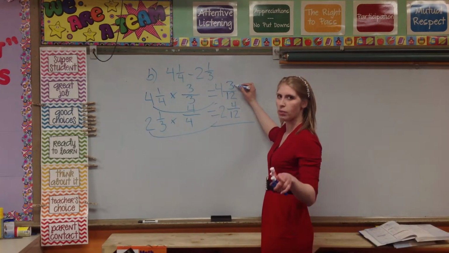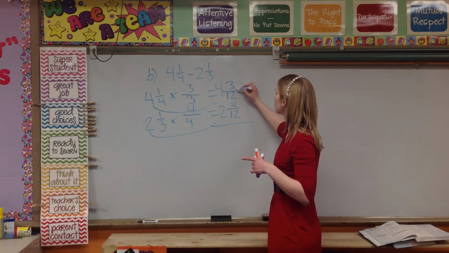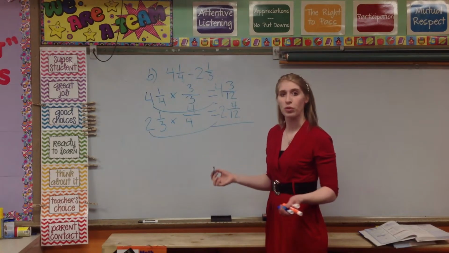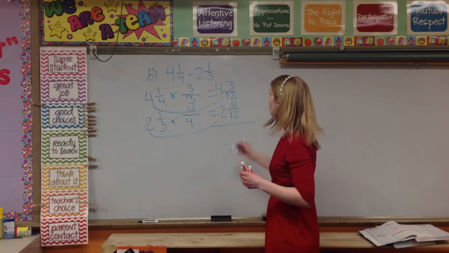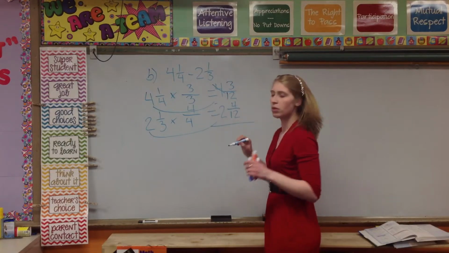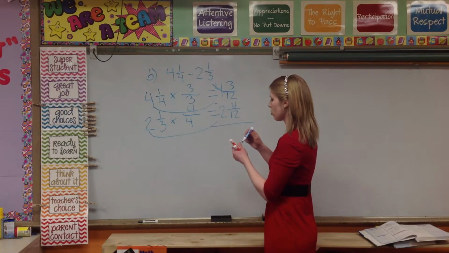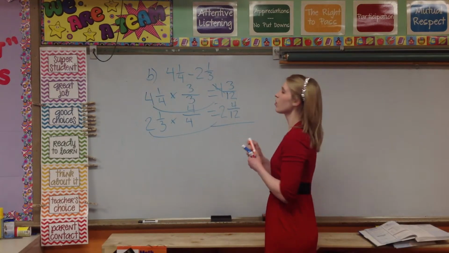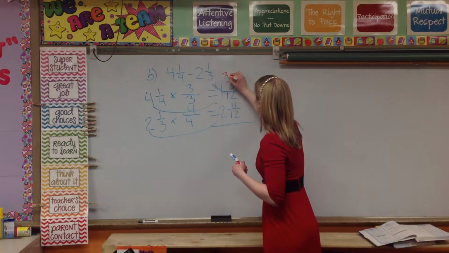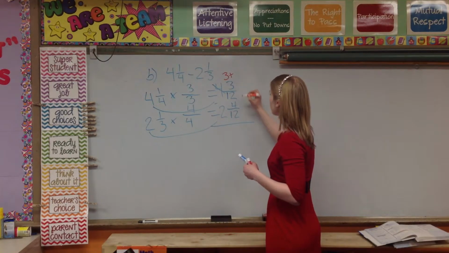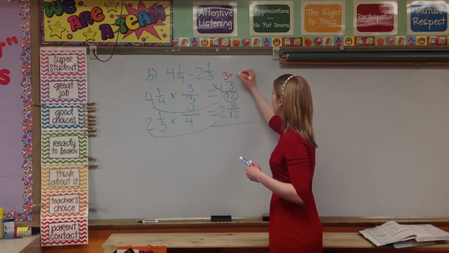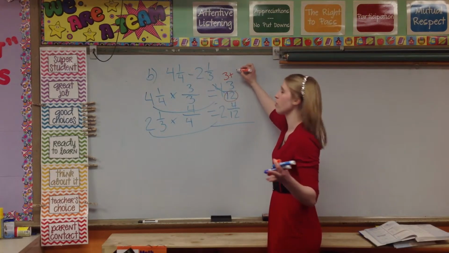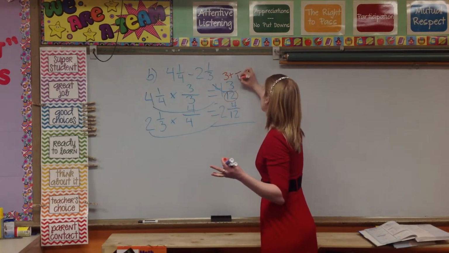But again, I have that problem like I did in the example where 3 minus 4 will end up with a negative number. So I can't do that. So I am going to change my 4 into a, you guessed it, 3. And then I'm going to add a fraction equal to 1 with a denominator of 12.